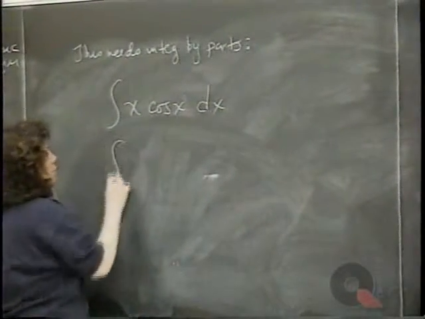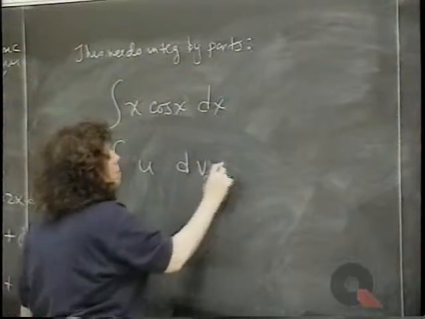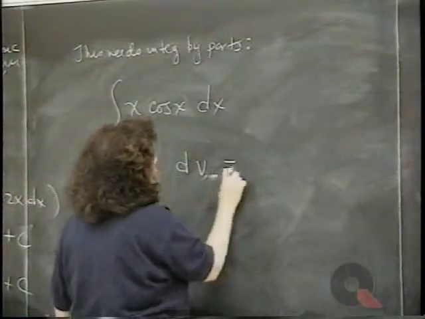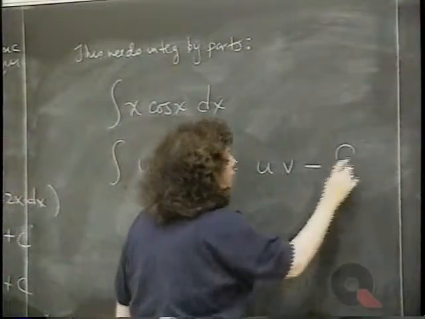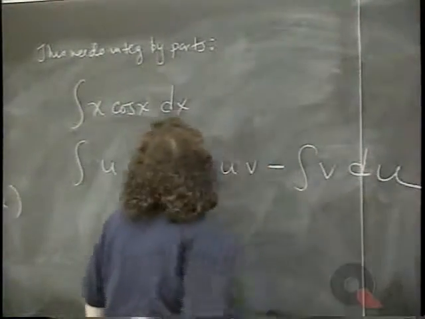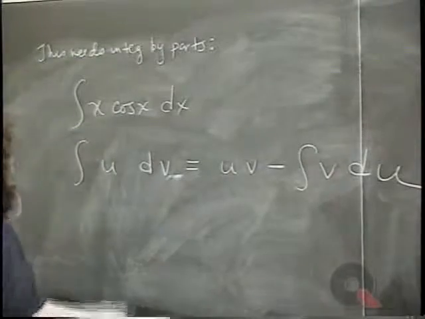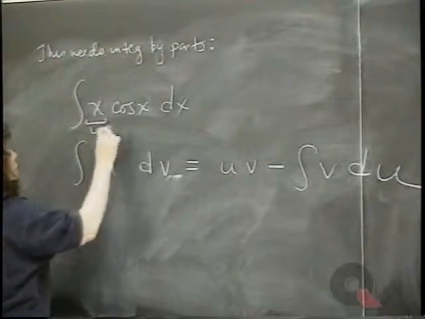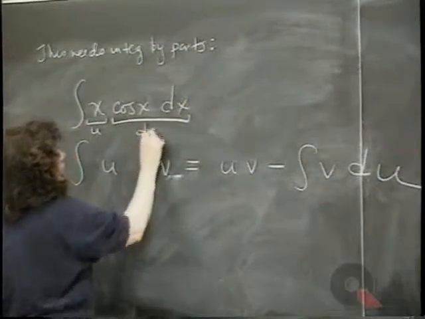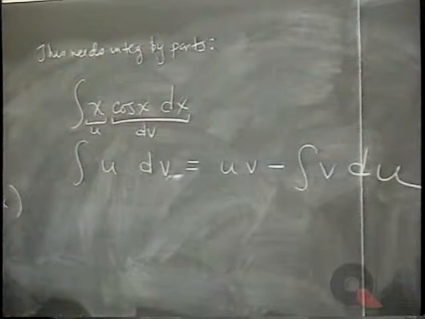Once again, we're going to try to rewrite this as u dv. The integral of u dv is uv minus the integral of v du. dv should be the most complicated thing that we know how to integrate. So I'm going to let u be the x and the dv be the cos x dx.